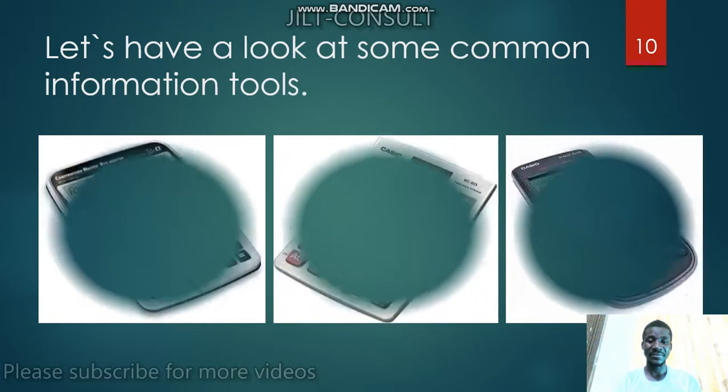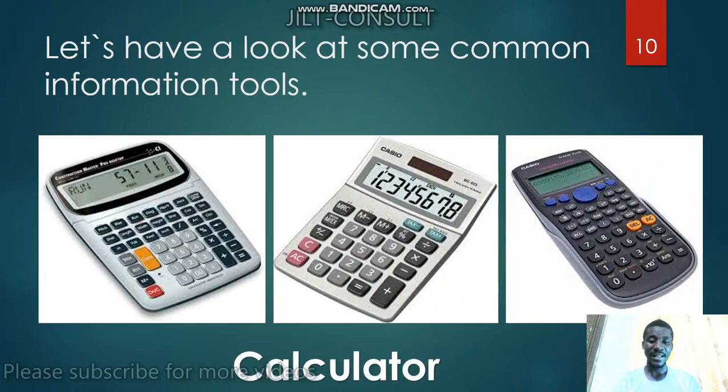Then we have calculator. We'll be talking about it and what it is used for. This one we are just identifying the information tool. So if you see it, you'll be able to tell, okay, I've seen this before. This is in mommy's shop. They've been using it for calculations. Right? Good. If you've not seen it before, try to look for the real one and have a look at it.